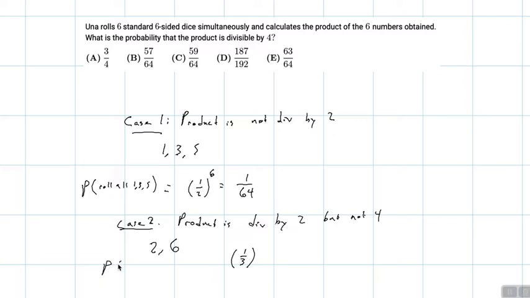So this is the probability you roll a 2 or 6, and this is a single, and then all 1, 3, or 5. It's going to be 1/3, and then since we want all the other rolls to either be a 1, 3, or a 5, that's going to be 1/2 to the 5th.